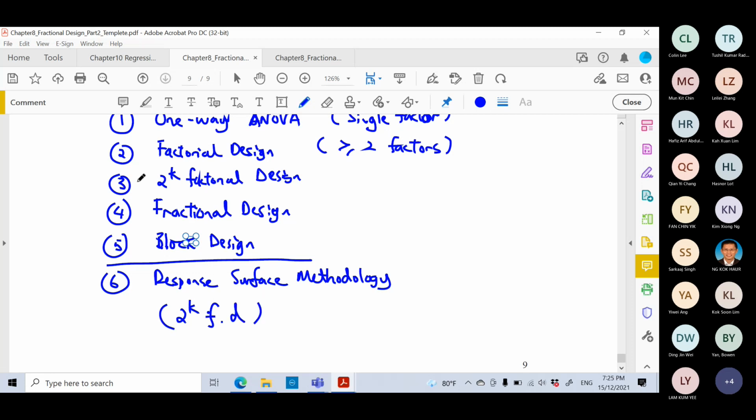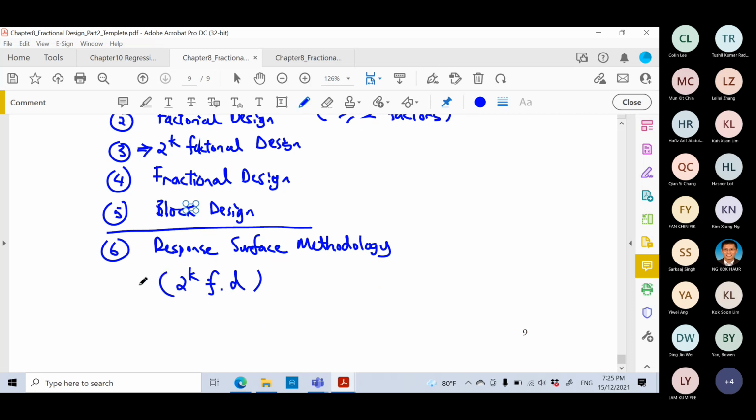But of course, before you learn the response surface methodology, I will introduce what is called regression analysis. I will just touch and go for regression analysis, because it is not the main topic of our study.